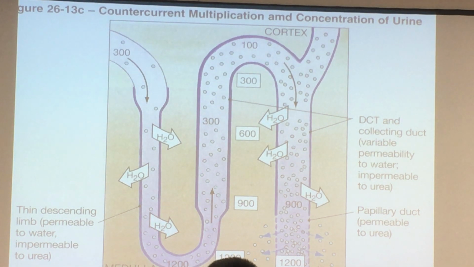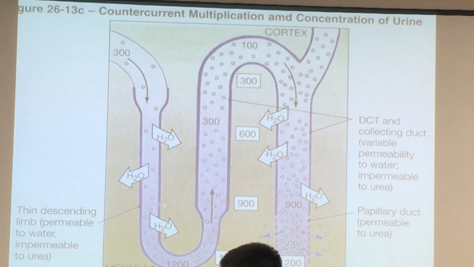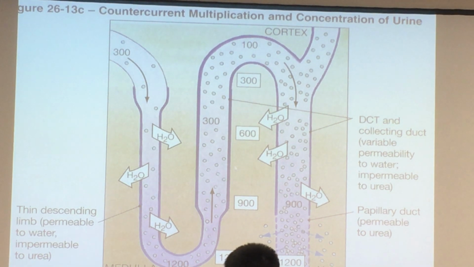And now we move down to the next thing. This time we focus not only on water. We focus on what? Urea. Urea is not permeable in the PCT, in the loop of Henle, descending or ascending, or the DCT. The urea is not going to come out.